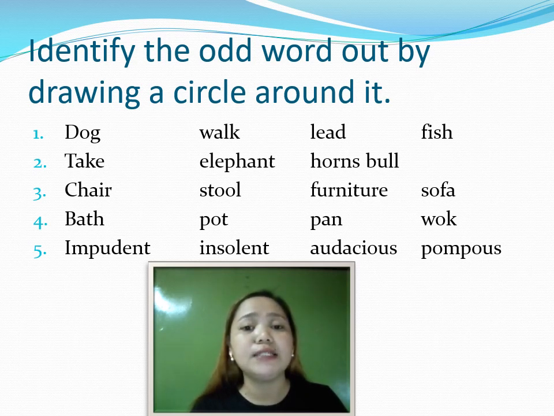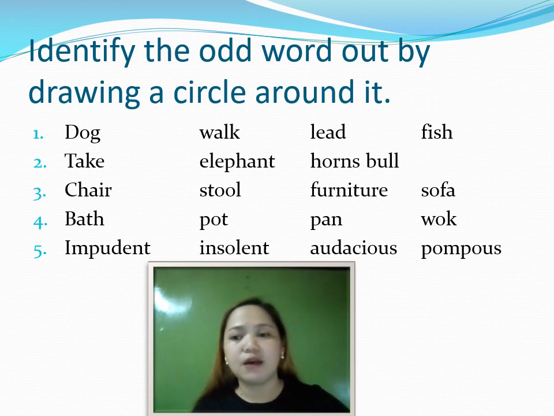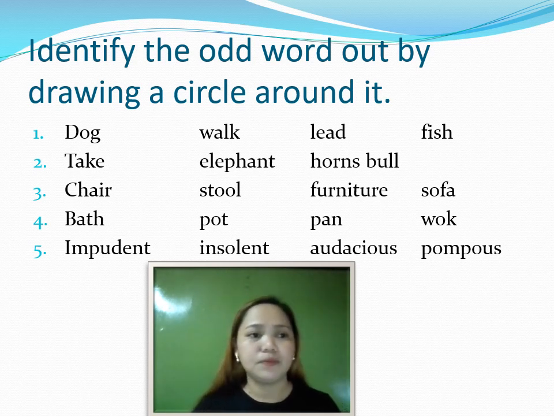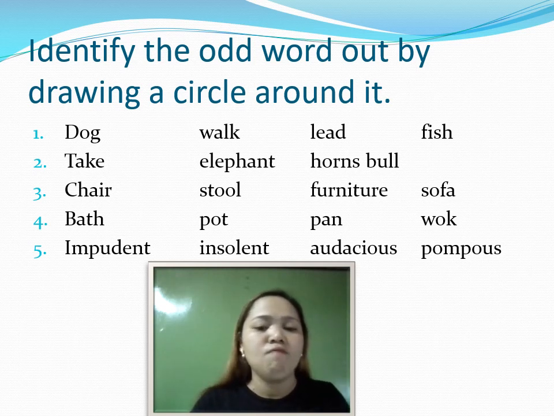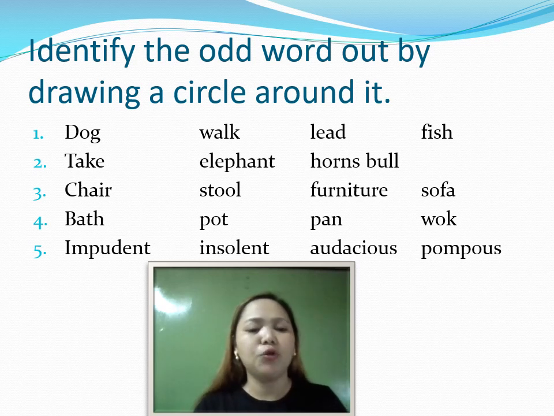So consider these sample items. I have here a set of words. You're going to identify the odd word out by drawing a circle around it. Okay, so suppose you're done circling out those odd words. What do you think these items are testing?